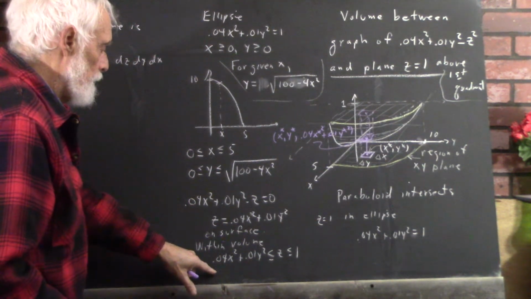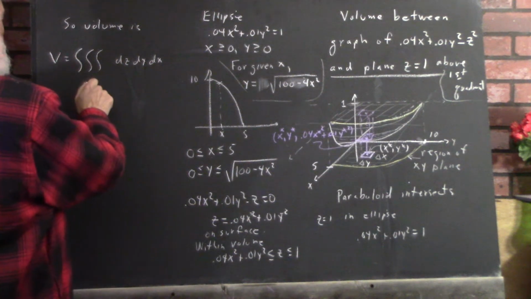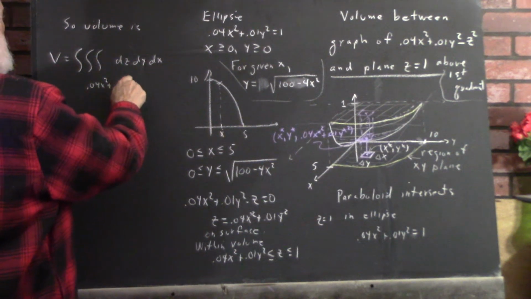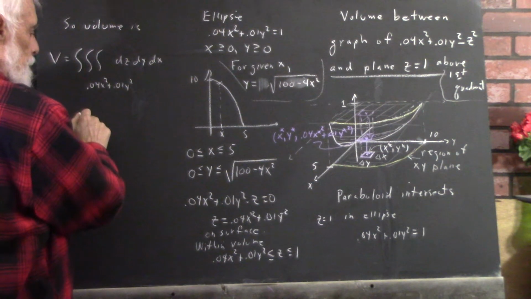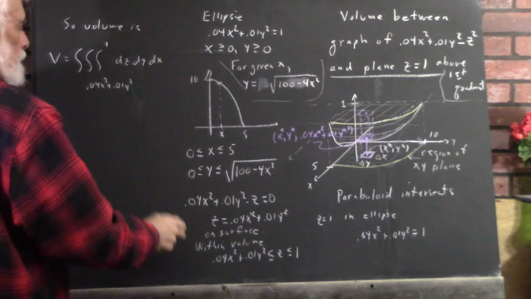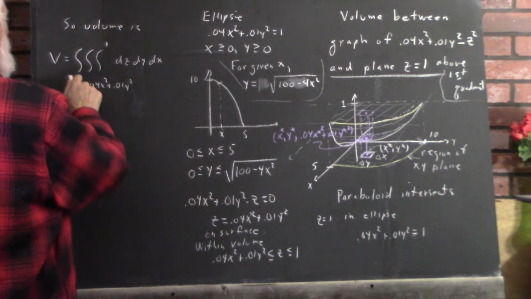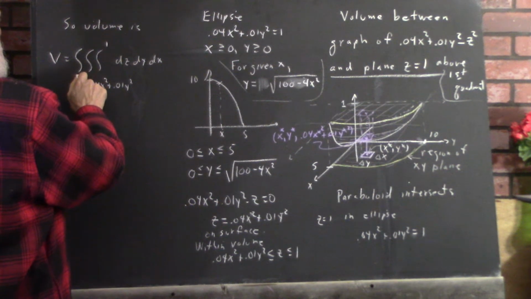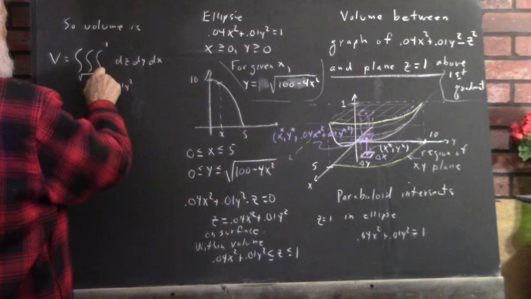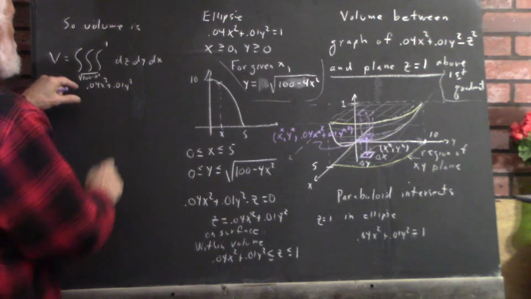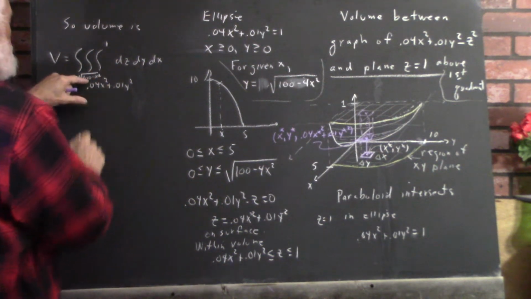Okay, starting with the z limits, we go from 0.04x squared plus 0.01y squared to 1. Y goes from, didn't leave myself room to write all this, square root of 100 minus x squared.